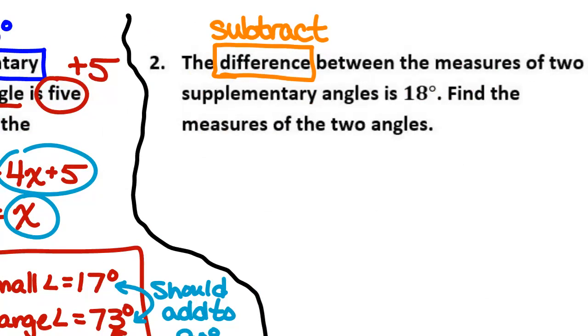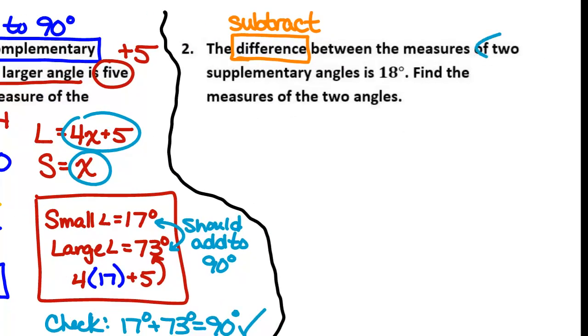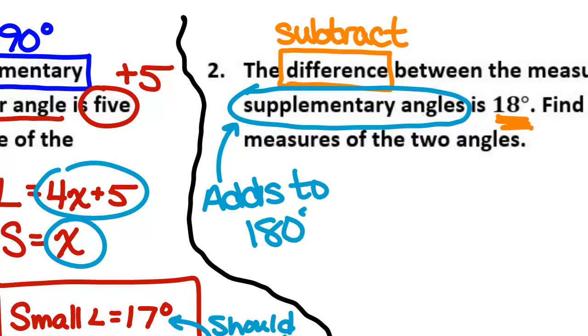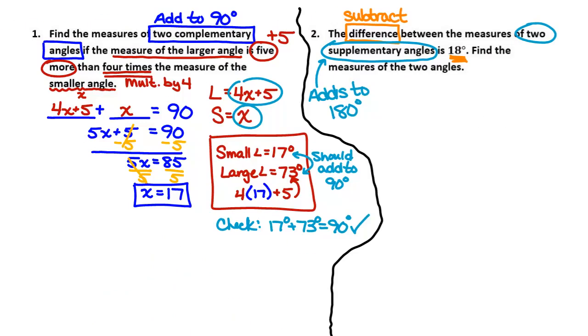The difference between the measures of two supplementary angles is 18. Supplementary means what again? Yep. Adds up to 180. The difference between the measures of two supplementary angles is 18 degrees. Find the measures of the two angles.